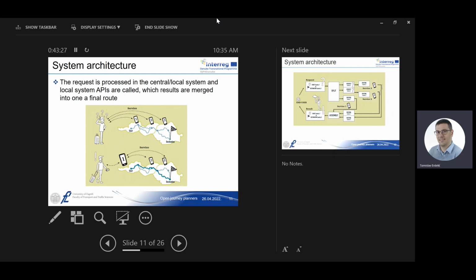The problem here is when you plan a trip within Austria, there is no problem. You use just the local journey planner. When you plan the trip from Austria to Romania, the system needs to recognize that you are traveling outside of the borders. Then it needs to determine which local journey planner you need to call.